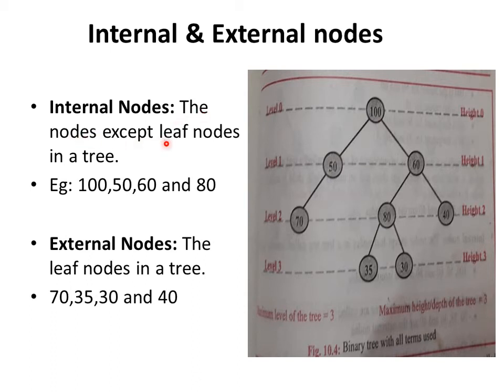The nodes except leaf nodes are called internal nodes. That is, here you can see 100, 50, 60 and 80. These are called internal nodes. Then what are the external nodes? Here you can see which are the outside. What are those nodes? 70, 35, 30 and 40. These are called external nodes and the other part is called the internal nodes.